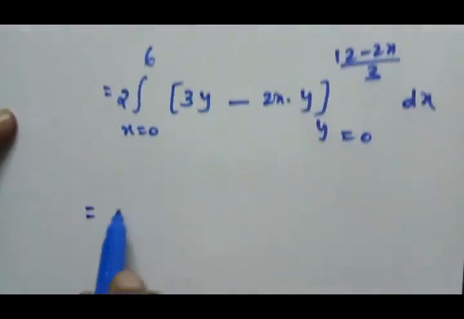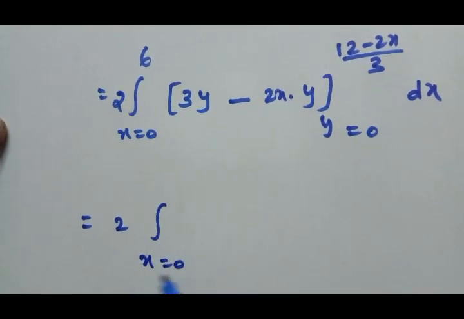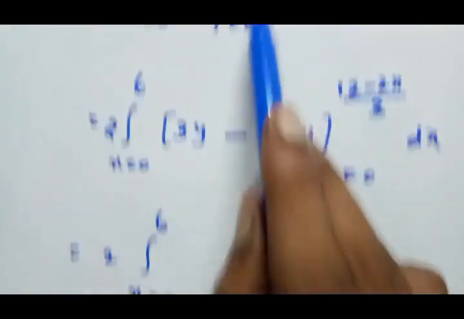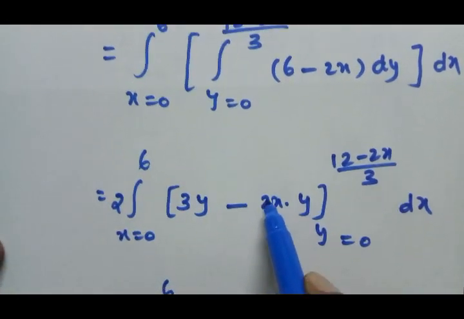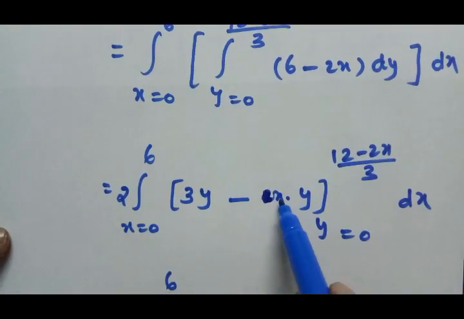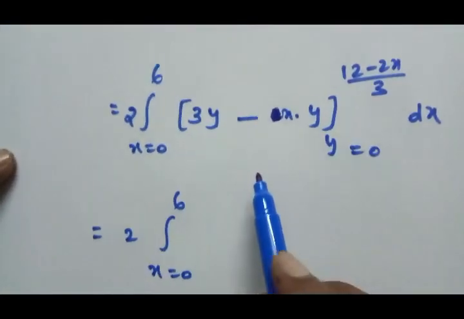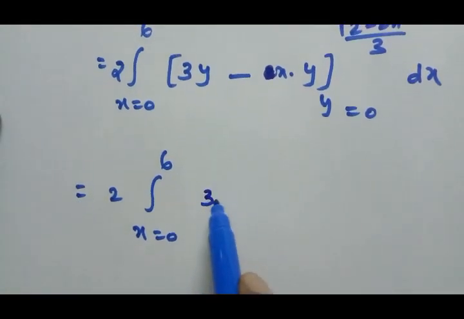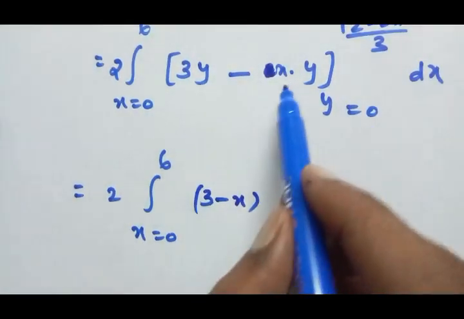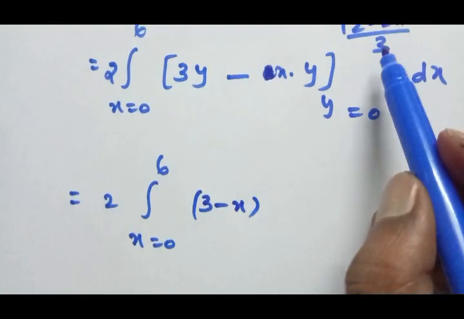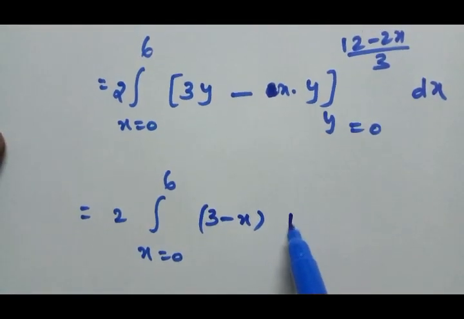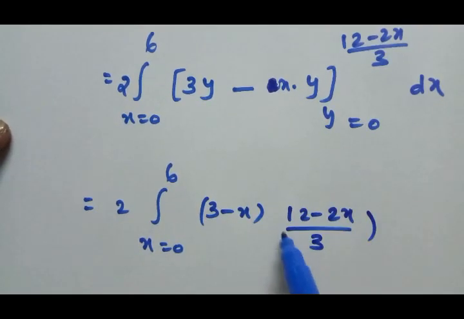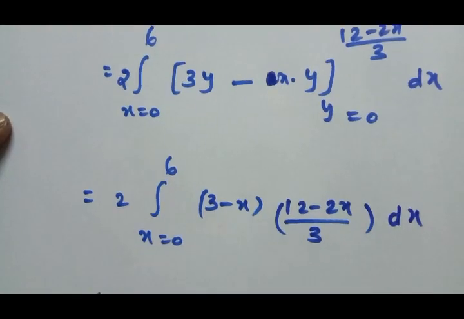Therefore, this can be written as 2 into integral x is equal to 0 to 6. So here we already took out 2 as a common factor. So therefore here x into y. Therefore this can be written as, so y as a common factor, 3 minus x into y. So therefore upper limit 12 minus 2x by 3 and lower limit is 0.